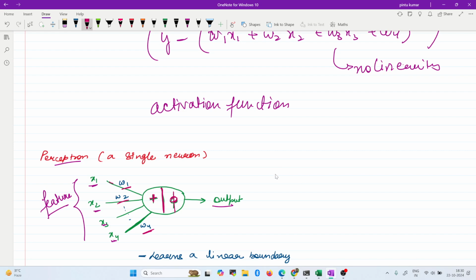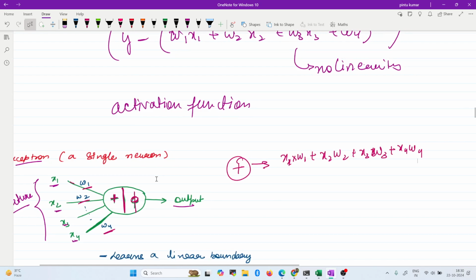So first I'll define what the sum operation is. What the sum operation does is, it just takes x1 multiplied by w1, adds it to the product of x2 and w2, plus x3 and w3, plus x4 and w4.